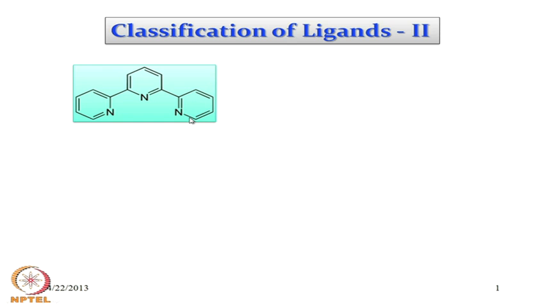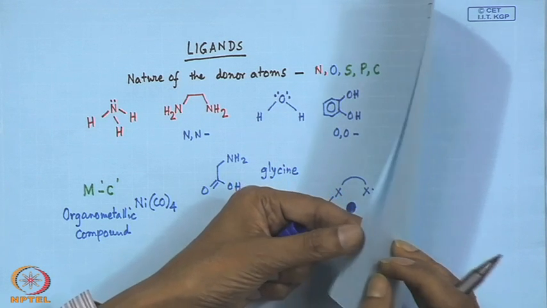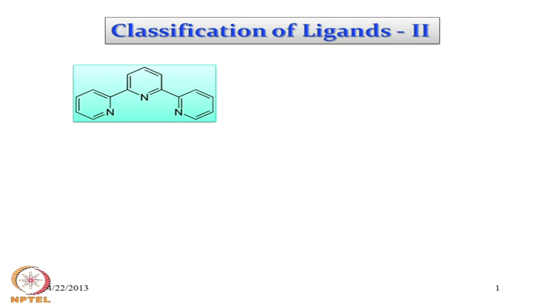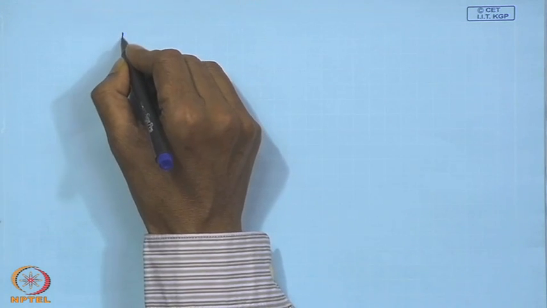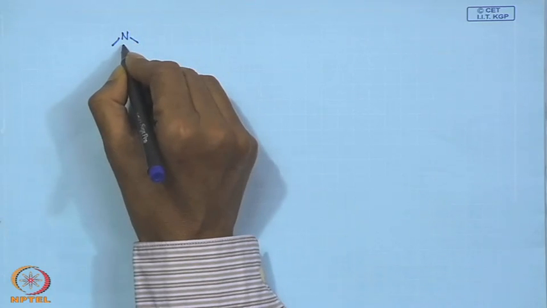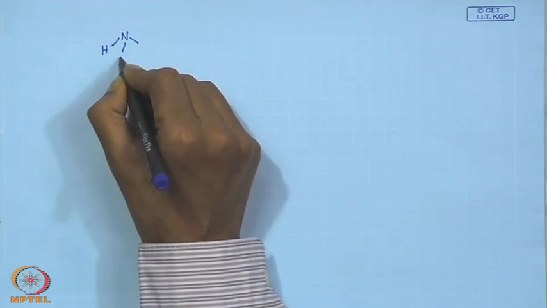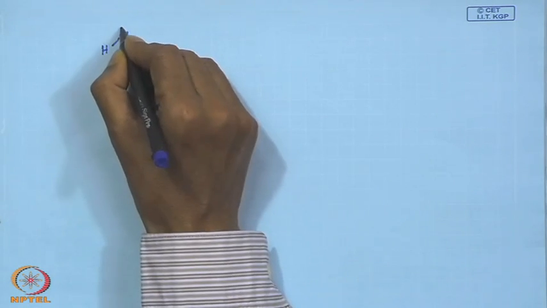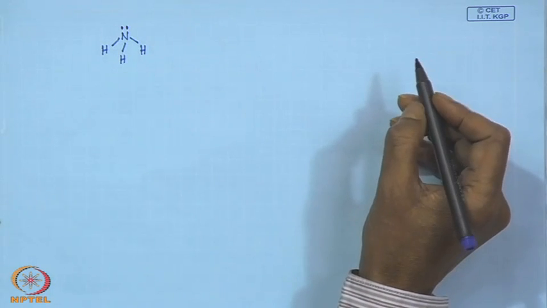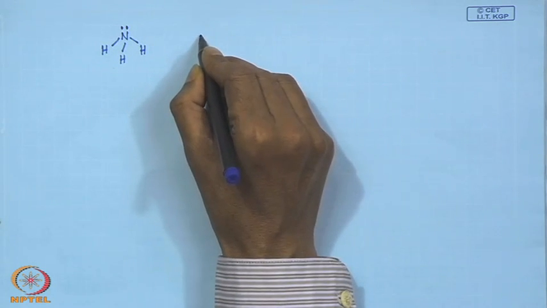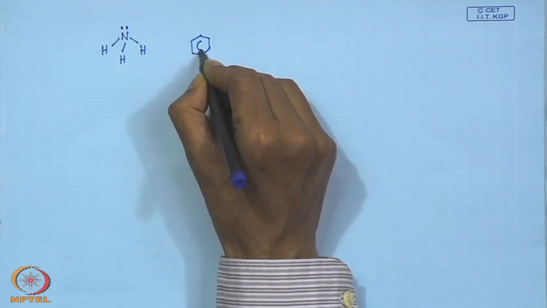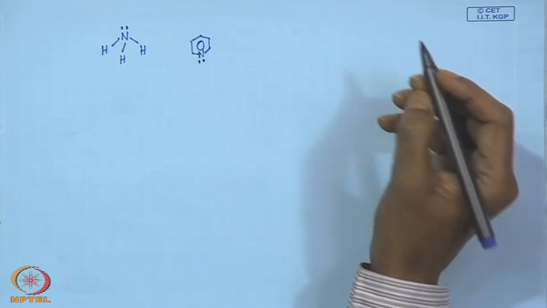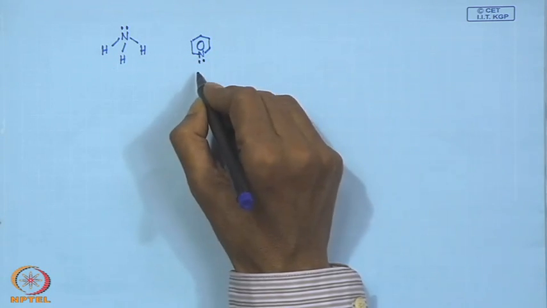This ligand has similarity with ammonia. Ammonia's lone pair was utilized for bonding to the metal center. Then the pyridine lone pair also can be donated to the metal center.